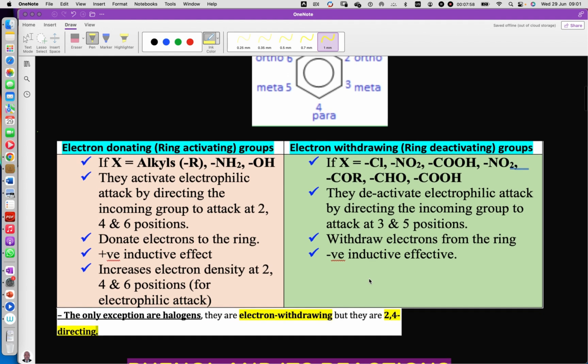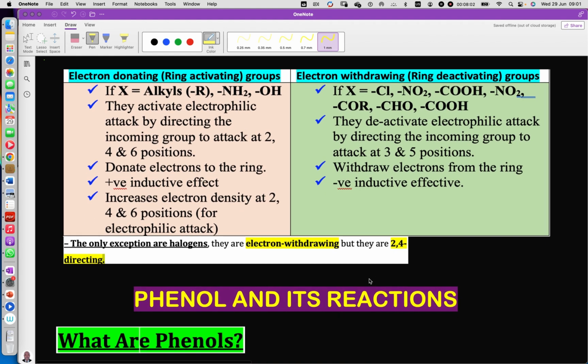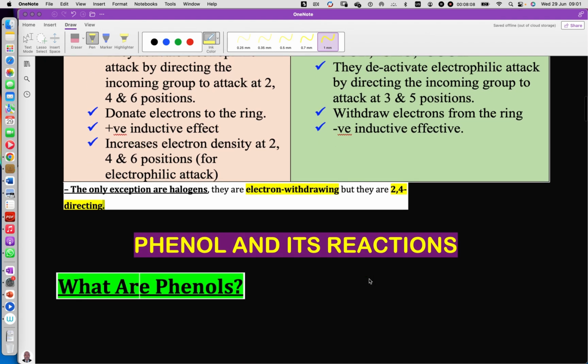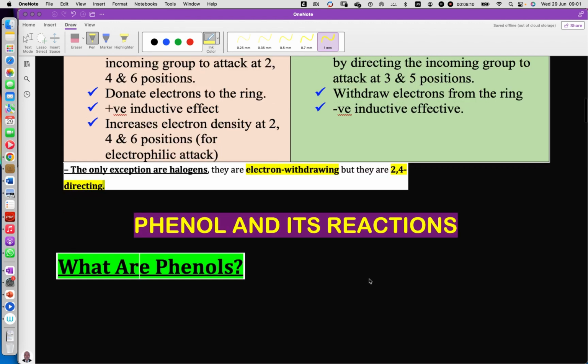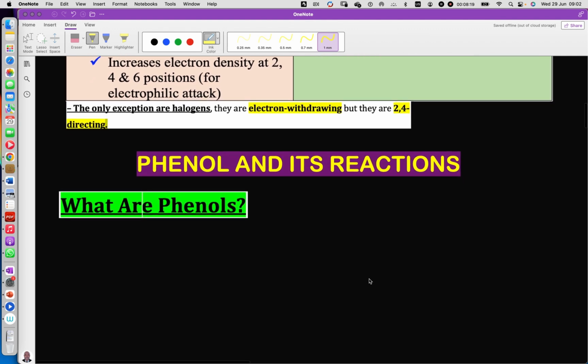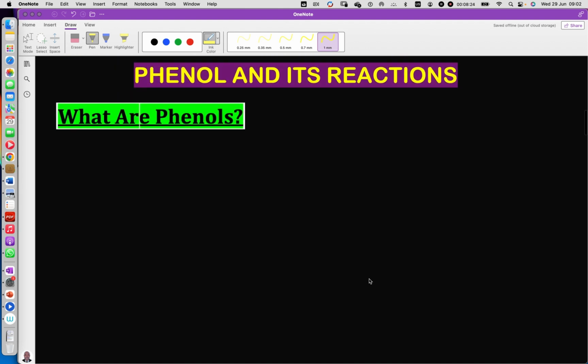So, for our topic today, phenols. What do you understand by phenols? What are phenols? One may be tempted to think that phenols are like any other alcohol.